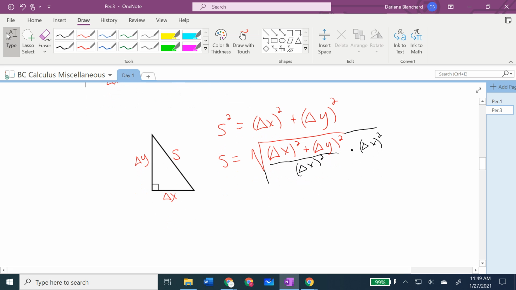Now, I can split and distribute the square root over multiplication. And while I'm doing that, I'm going to distribute the division in the fraction. And then the square root of delta x squared gives us delta x.